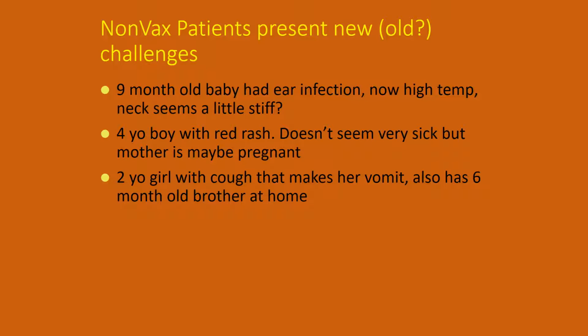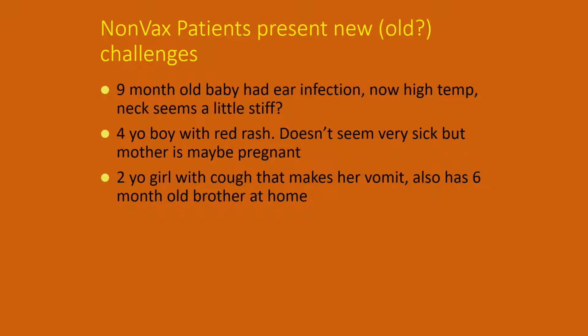So for example, you have a 9-month-old baby, has an ear infection, had a high temp, now the neck seems a little stiff. Obviously, that child would not have had meningitis vaccine yet. On the other hand, they should have had several doses of the Hib vaccine, and Hib is a very common cause of meningitis.